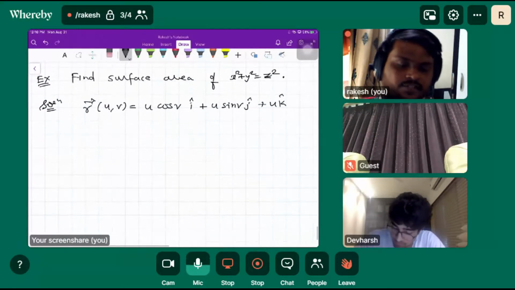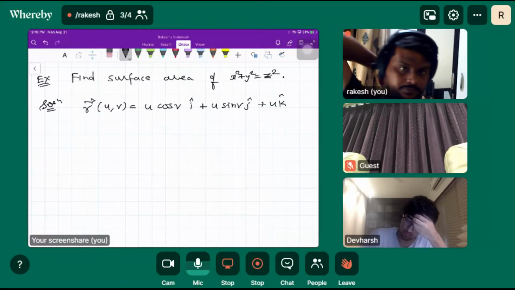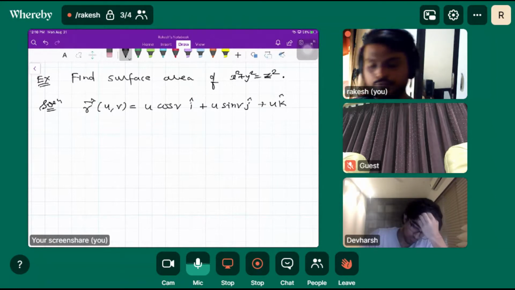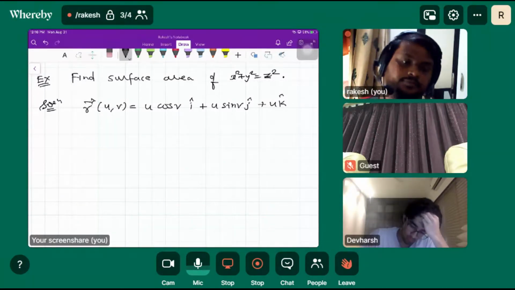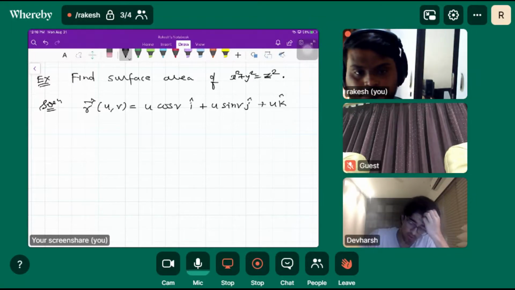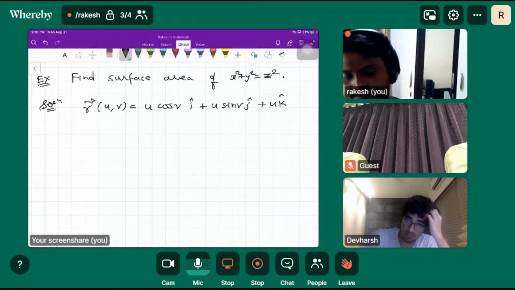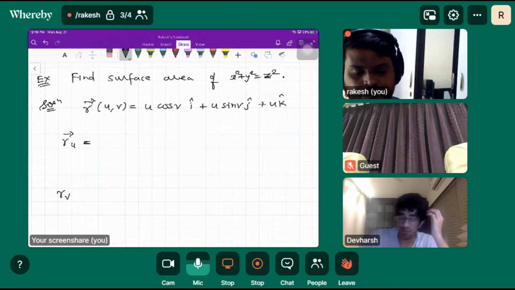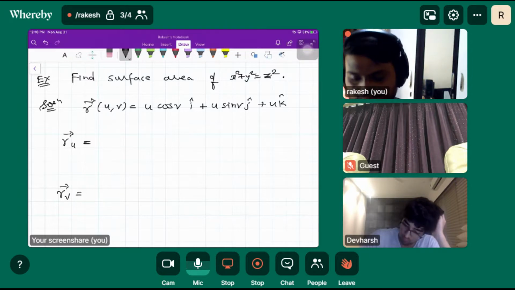Now find out the surface area. What will you do first? You find the Jacobian thing. Partial derivative with respect to u, and partial derivative with respect to v.